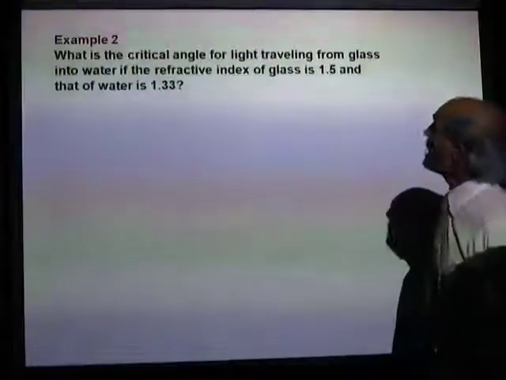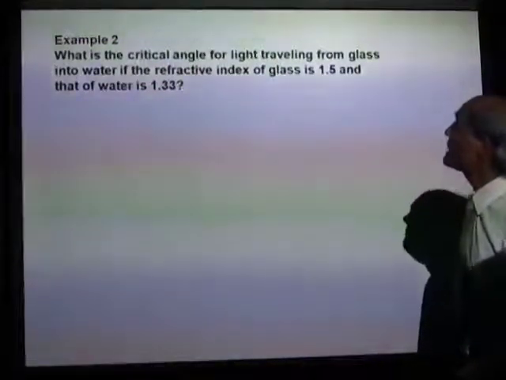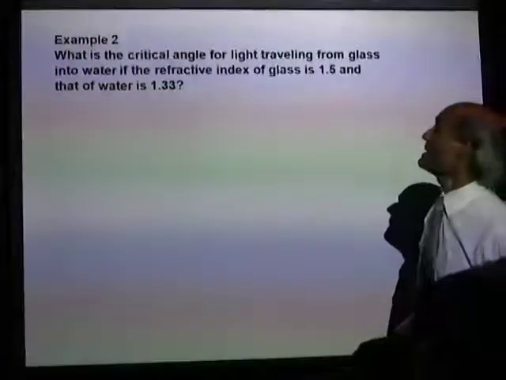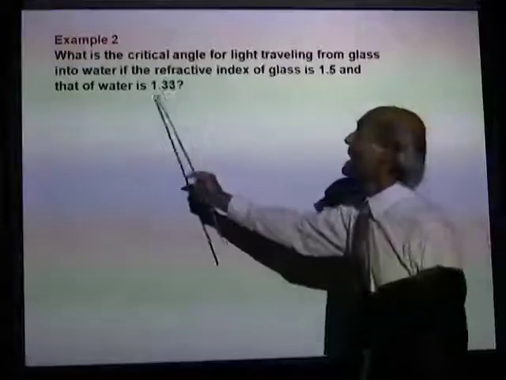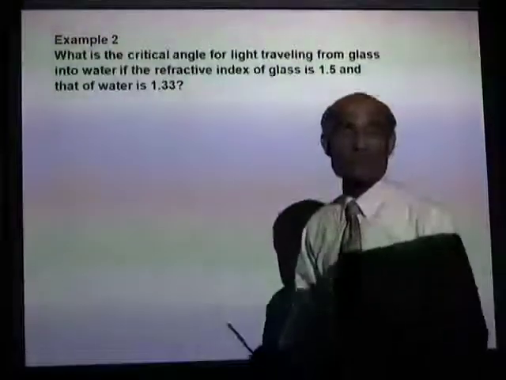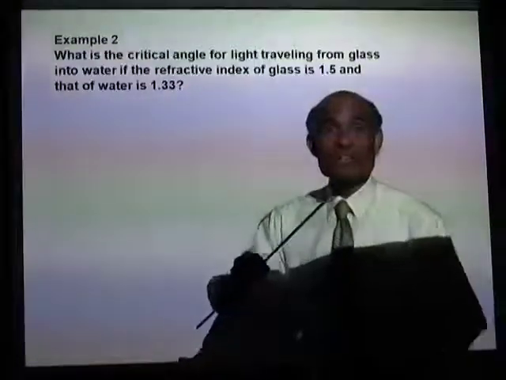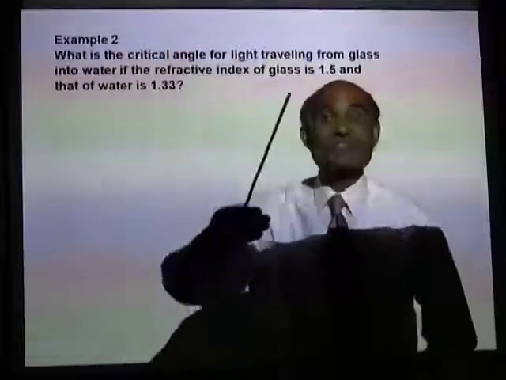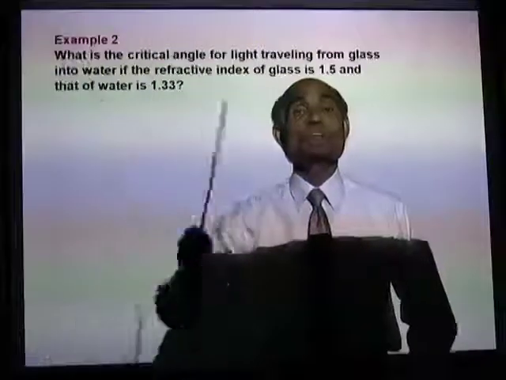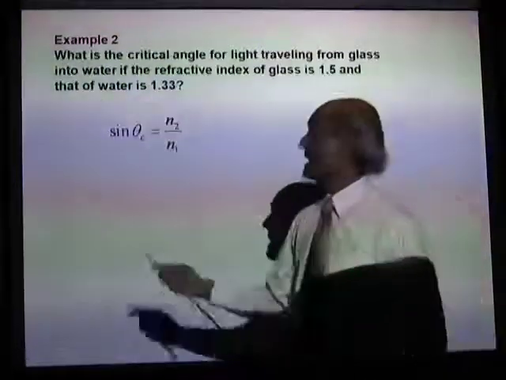What is the critical angle for light traveling from glass into water, if the refractive index of glass is 1.5 and that of water is 1.3? Here we have light traveling from glass into water. Glass is the denser medium, water is the less dense medium.